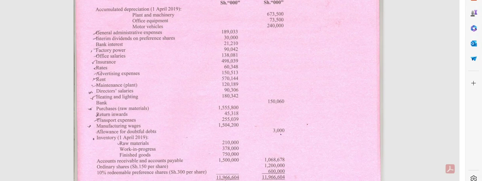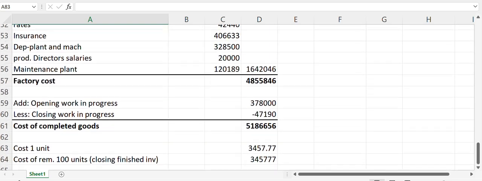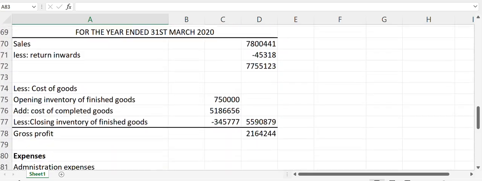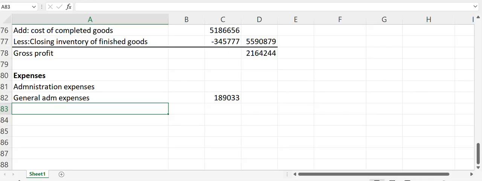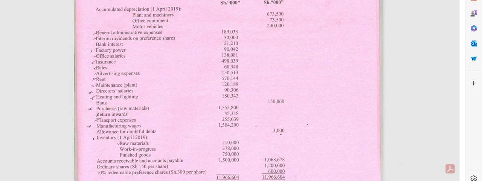Then next we have what? So bank interest, that is finance. Factory power, we are done with that. I hope we recorded factory power. I really hope so. Yeah, we had recorded that. So let us continue. Office salaries.